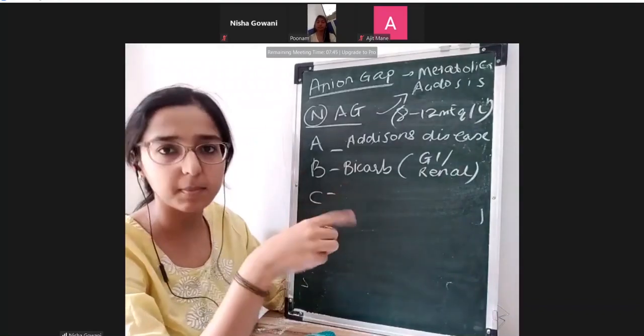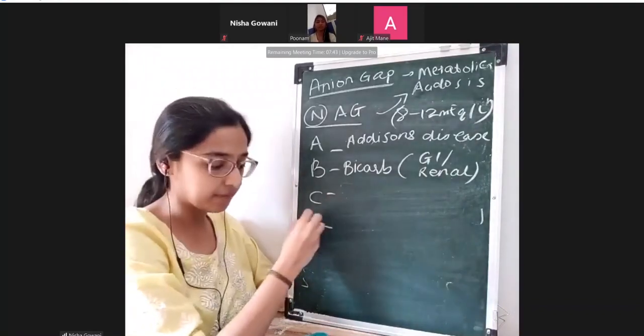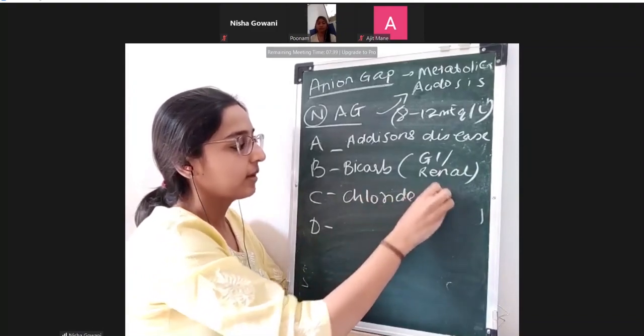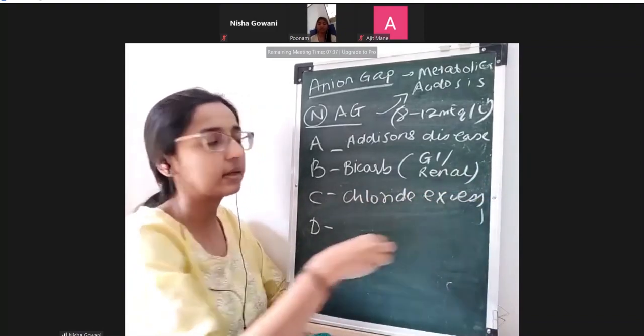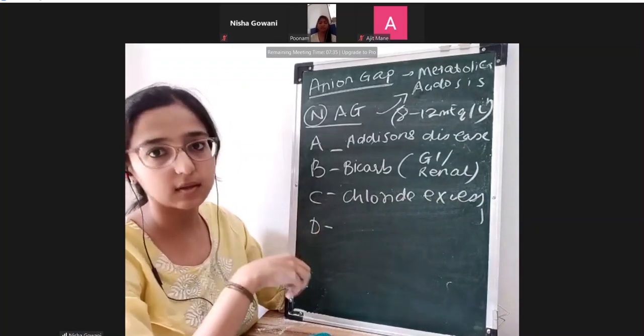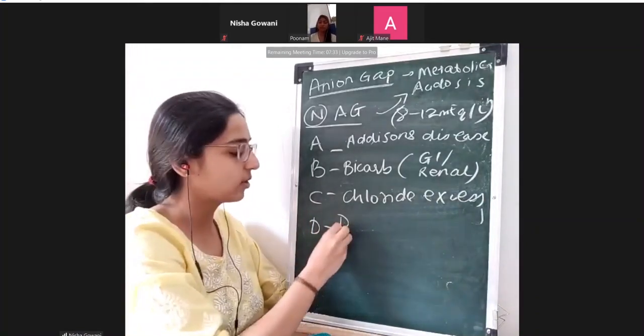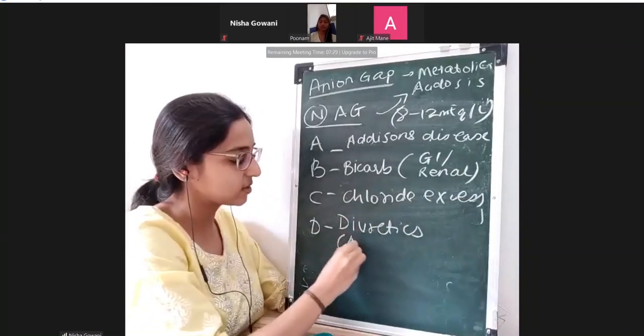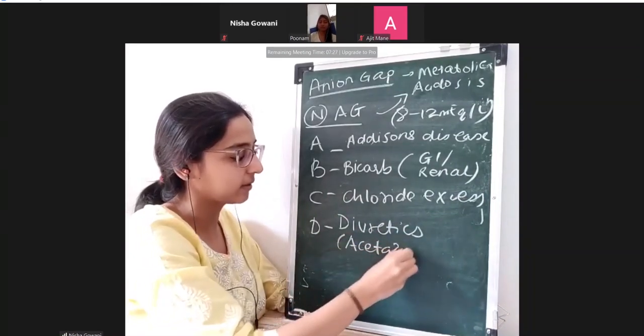So you will find that bicarb levels are low in this. Then C is going to be chloride excess, as I told you. Bicarb loss is compensated with chloride excess. That is why the gap is normal. And D is diuretics, where the patient is receiving diuretics, as we saw in the previous mnemonic, acetazolamide.